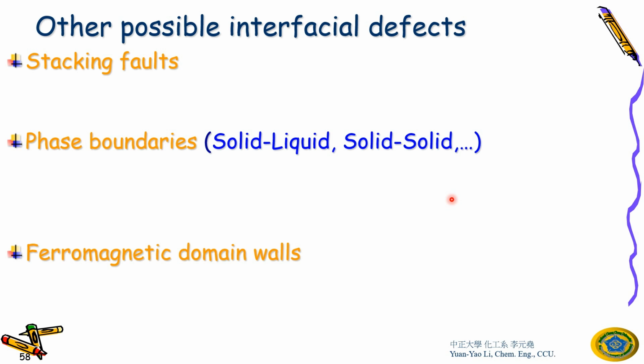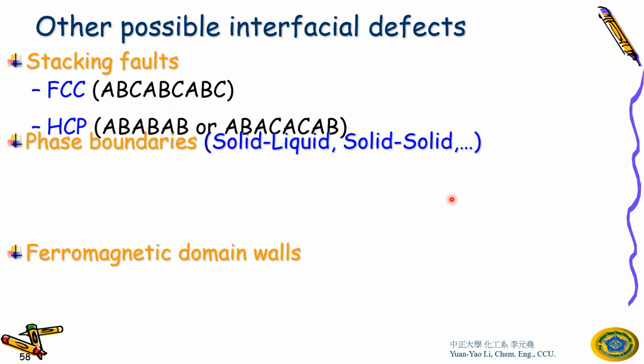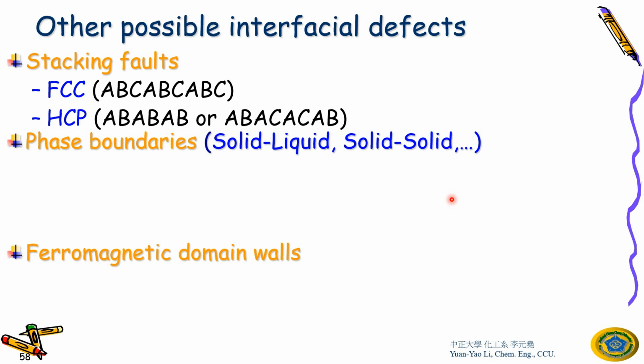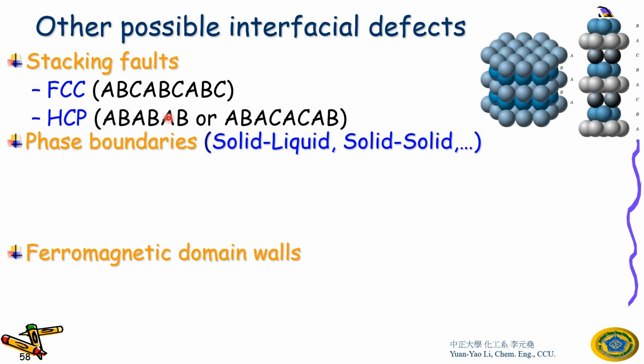The first one we want to let you know is stacking faults. Remember stacking faults? BCC, FCC and HCP. FCC is the packing of A layer, B layer, C layer, A layer, B layer, C layer. Well, that's why we call it ABC, ABC. HCP is A layer, B layer, A layer, B layer. So it looks like this: AB, AB, ABC, ABC. This is what? FCC. This is HCP.